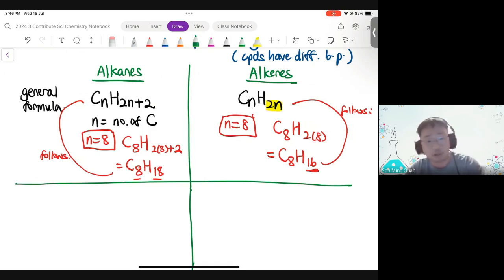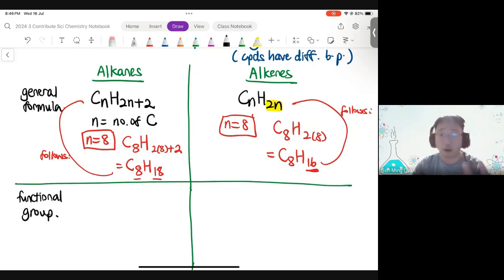The next thing we should look at is something called functional group. So if you recall, functional group means the specific atom or group of atoms that gives rise to the unique characteristics, chemical reactions of that homologous series.